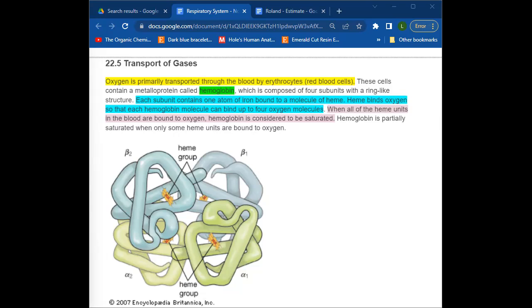And so hemoglobin is made up of 4 protein subunits, and each protein subunit is going to have a heme, and then each heme is connected to an iron. And so each iron, though, can carry an oxygen.